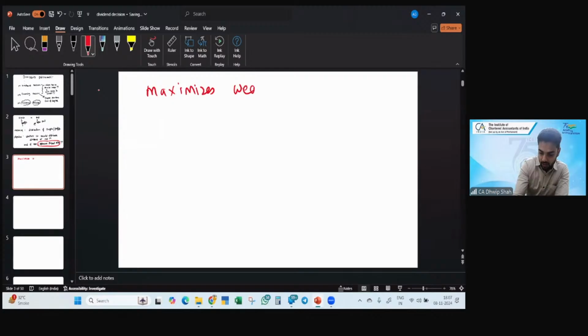Yes or no? See, what is the ultimate objective of any of the three decisions? The ultimate objective is this only, to maximize the wealth of the equity shareholders, the ultimate owners. So we have to select the optimum payout ratio in such a way that it creates maximum wealth to the shareholders.